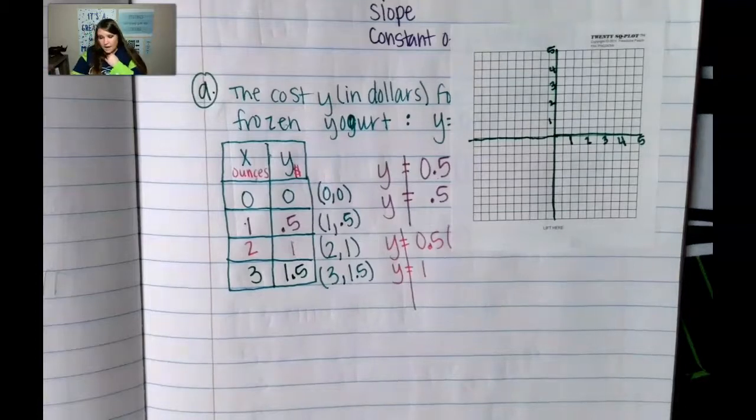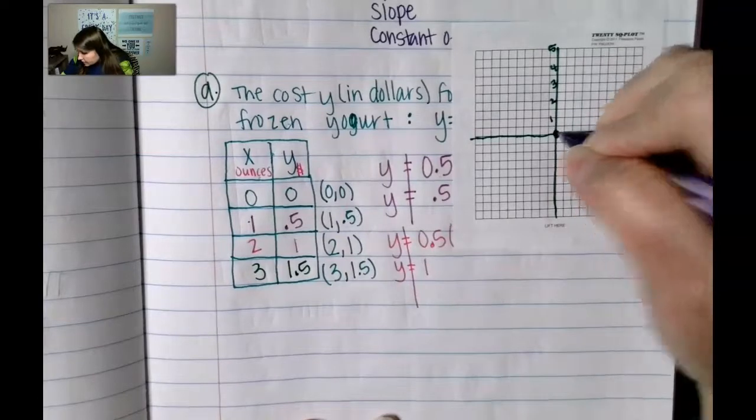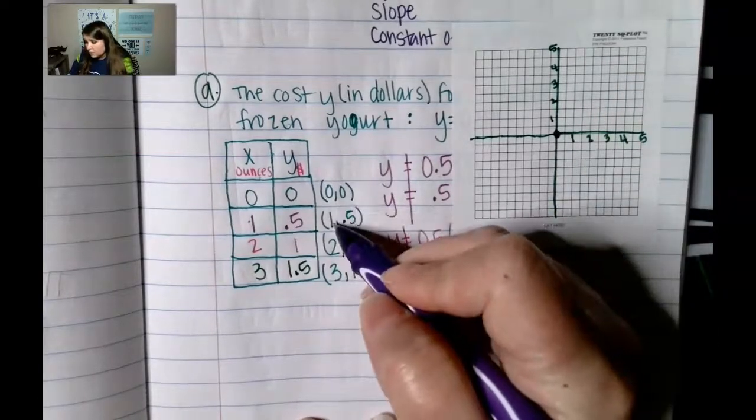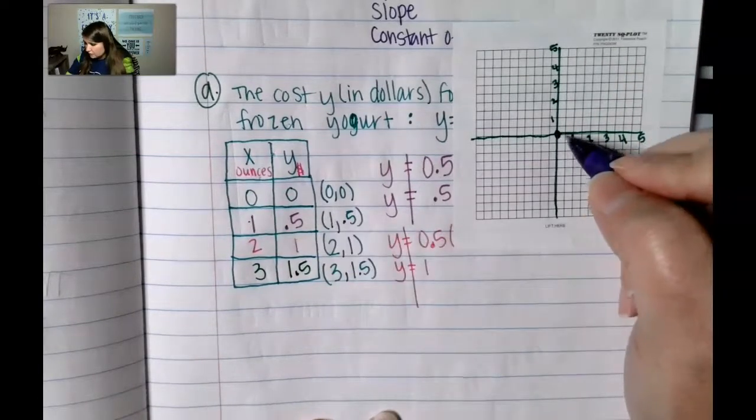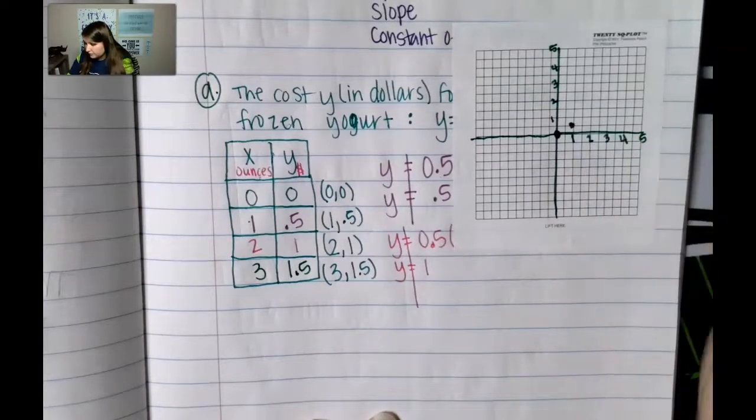So when I don't buy frozen yogurt, I don't pay for frozen yogurt. So my cost is at 0, 0. My next one, when I buy 1 ounce of frozen yogurt, I pay 50 cents.